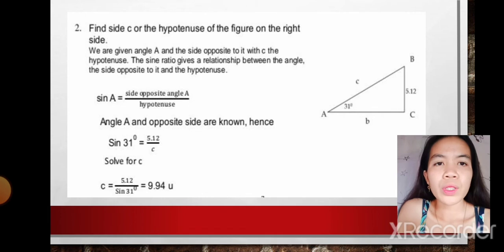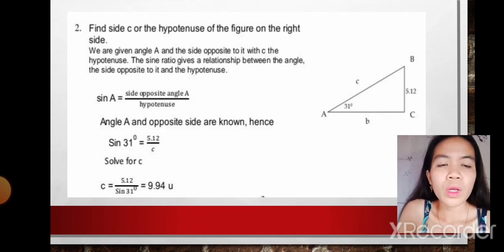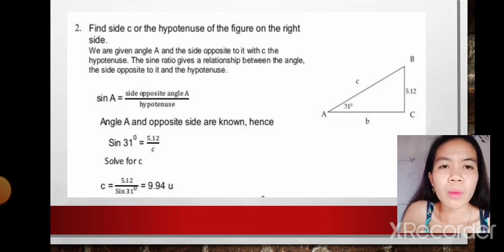So, sin A is equal to the side opposite angle A over the hypotenuse. Angle A and the opposite side are known, hence sin 30 degrees is equal to 5 over c. So solve for c. c is equal to 5 over sin 30 degrees, which is equal to 9.94.